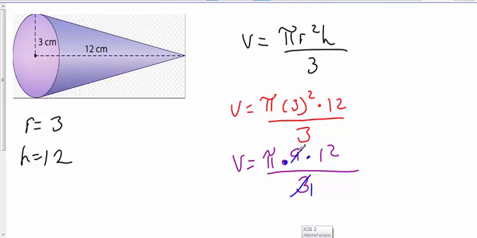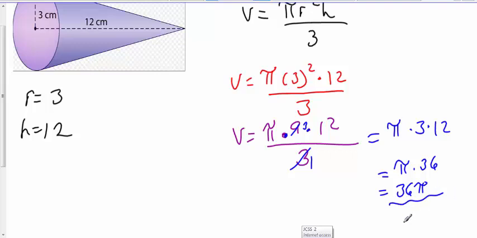So I'm just going to go ahead and take care of this one first. 3 goes into itself 1 time, it goes into 9 3 times. So basically what I'm having here, I'm going to rewrite it, is pi times 3 times 12. That would be pi times 36, and you know that we don't need to put pi in the beginning, it needs to come at the end. That would be 36 pi.